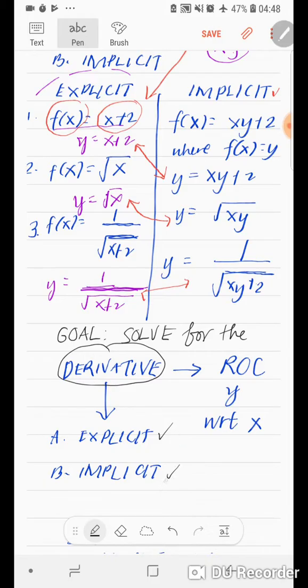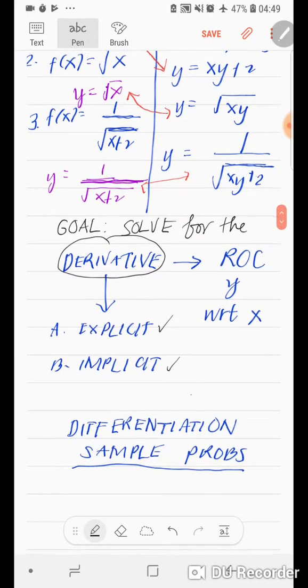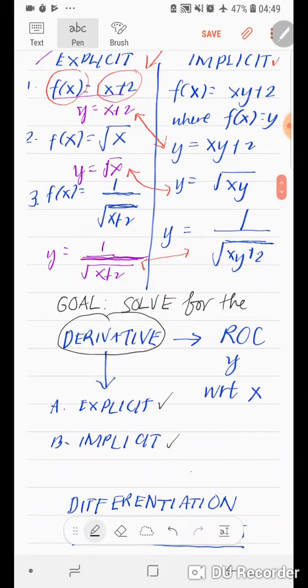But this video also can help you solve for functions that have the x and the y variables just sitting next to each other.